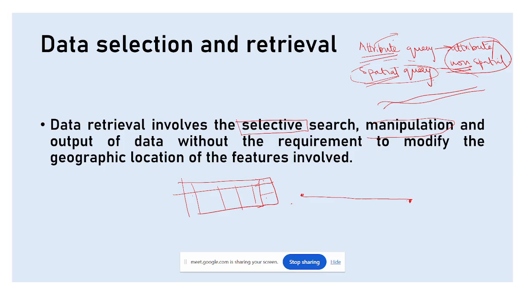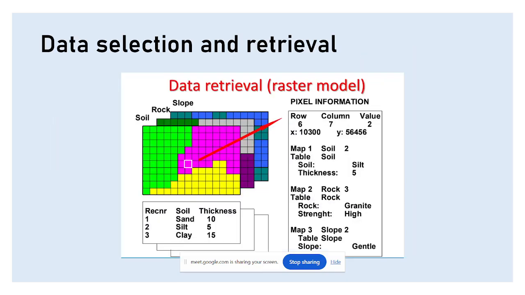You can just say, for instance, if this particular area is larger than this, then we need that in the map. Such operations can be done using map calculators, which are available in the GIS softwares.